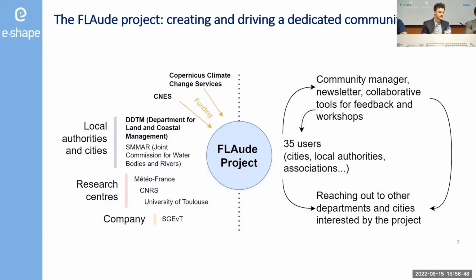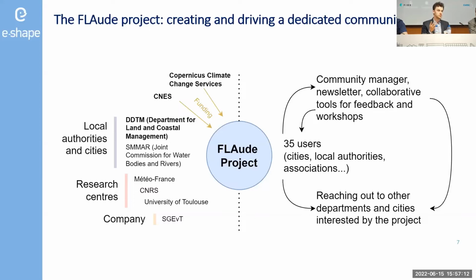So throughout all of this process and all of these meetings, a whole community was gathered around the FLOOD project. At the beginning, as I said, it was only the French Space Agency and the local land and coast agency which were involved at the level of the department behind the project. But then, as the project grew, some new members became part of the consortium.